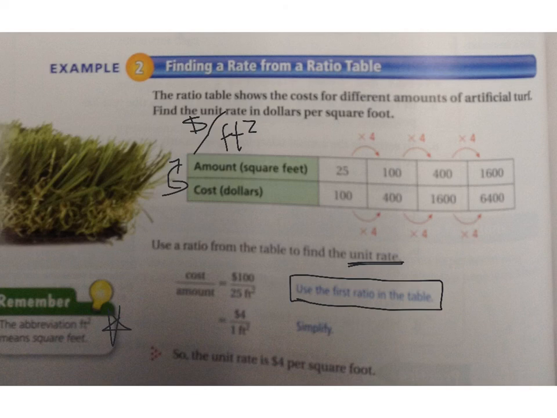So you're just simplifying the fraction by dividing the top and the bottom by 25. This is almost like the last problem we did where we divided the top and the bottom by 5. Now we're dividing the top and the bottom by 25. So 100 divided by 25 is 4, so the unit rate is $4 per square foot.